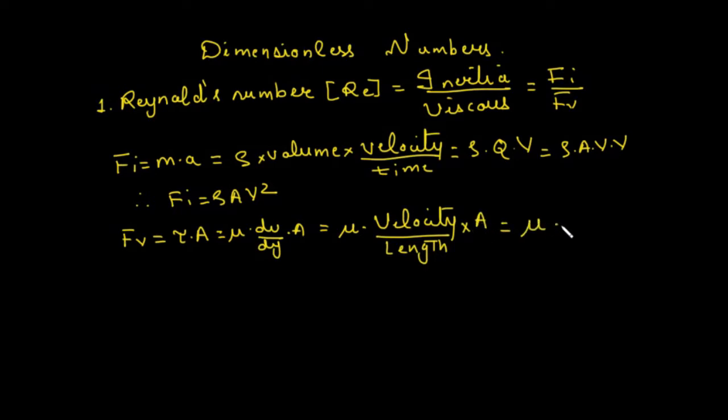So area is nothing but square of length, so we can write A as length square. So we are getting mu into V into L.